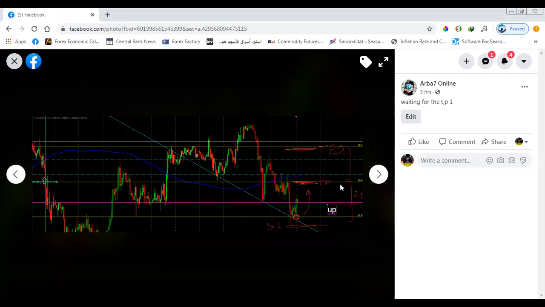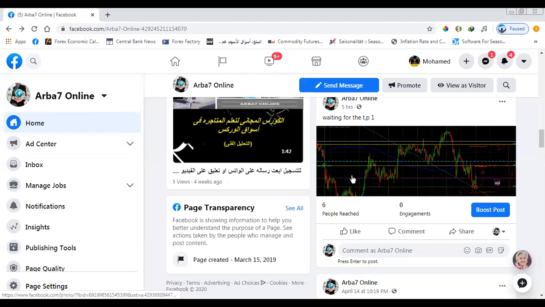Yes, this is Fibonacci. So the price is rising up from here, and I was saying to some group of mine that the price will visit the first take profit at 55 soon, and it was yesterday.